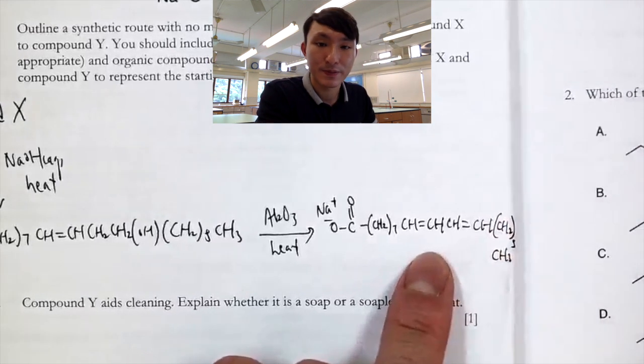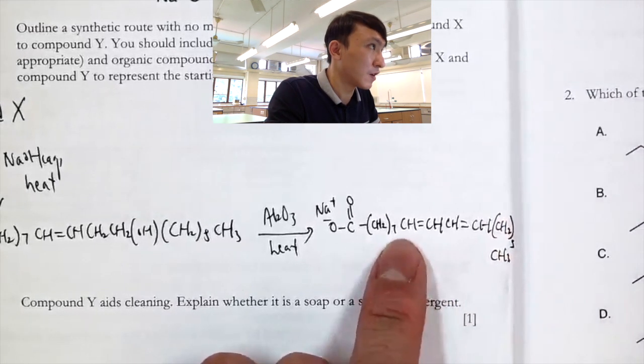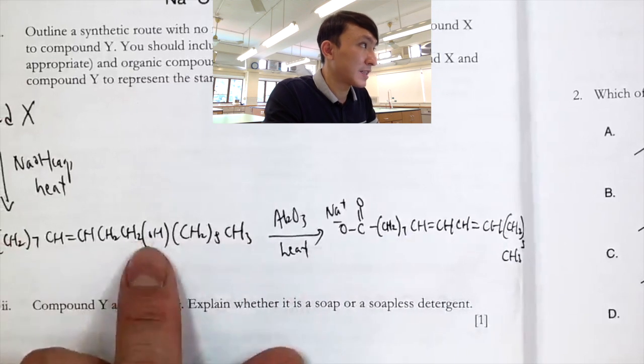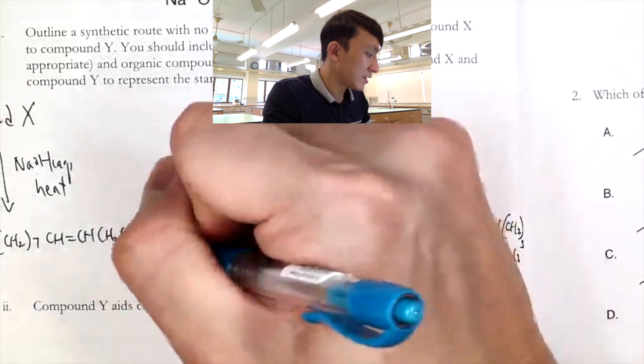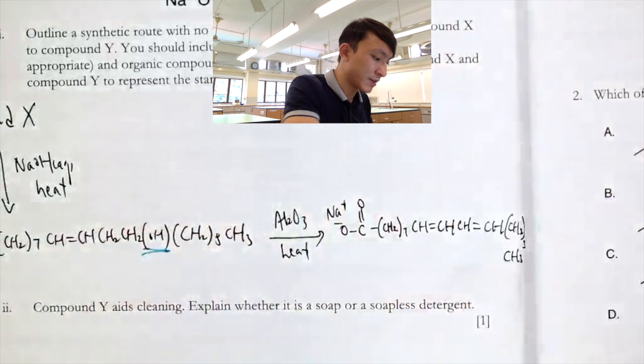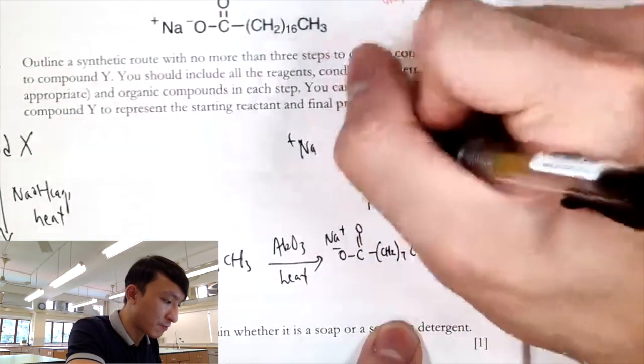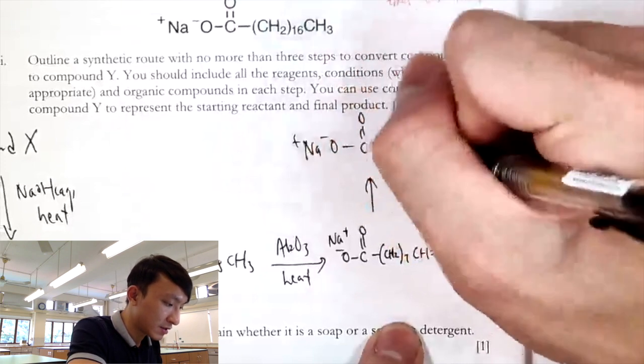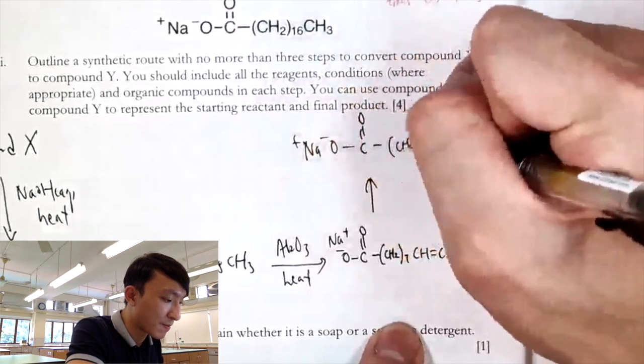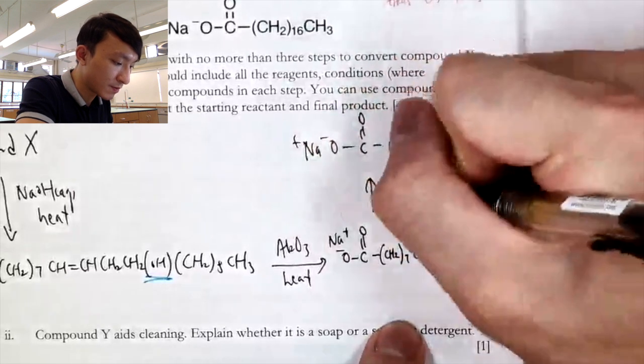You need to make better use of the area. So basically, we are dehydrating the hydroxyl group here into a double bond, and then lastly we will form our product, which I can directly copy from the top.